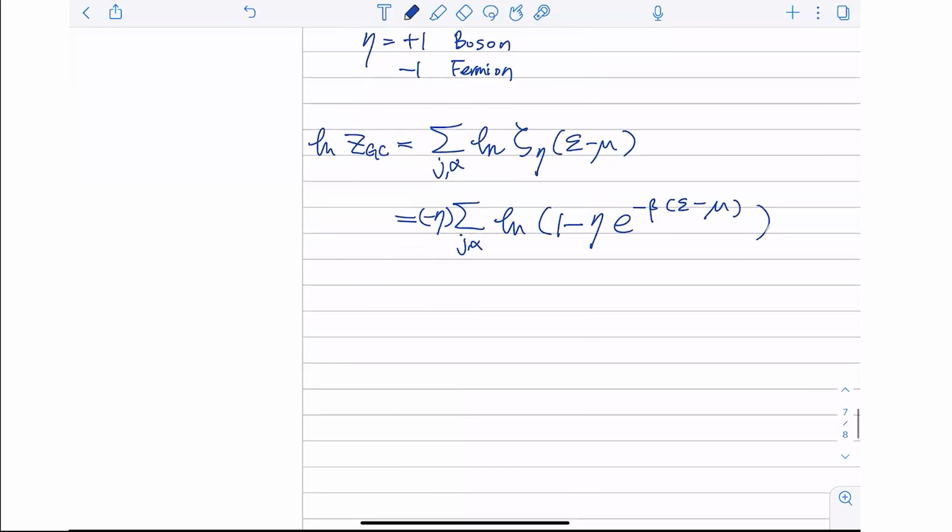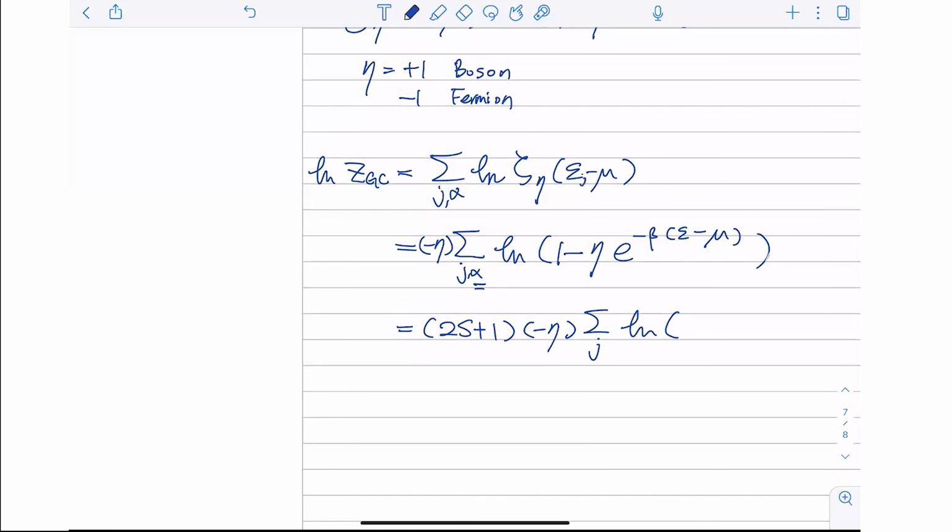And here I'm going to sum over these internal degrees of freedom. Most of the time, this internal degree of freedom is related to spin. So it will contribute some factor like 2s plus 1. And we will have this minus eta as always. And we sum over all the single particle energy j. Here I should be a little bit explicit that this energy epsilon is related to j.